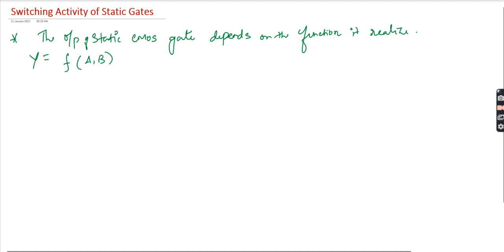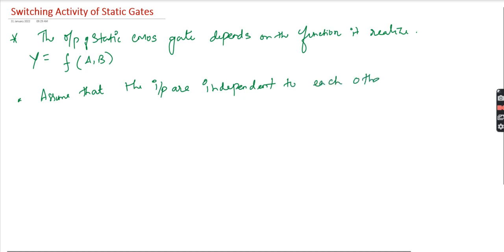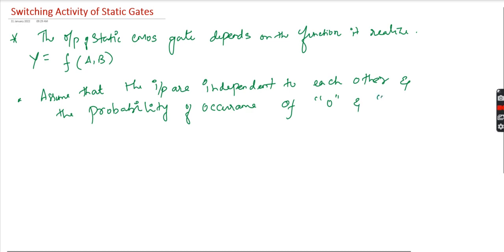It is assumed that the inputs are independent of each other, and the output of the logic gate can be either 0 or 1. The probability of occurrence of 0 and 1 is the same for the various inputs.